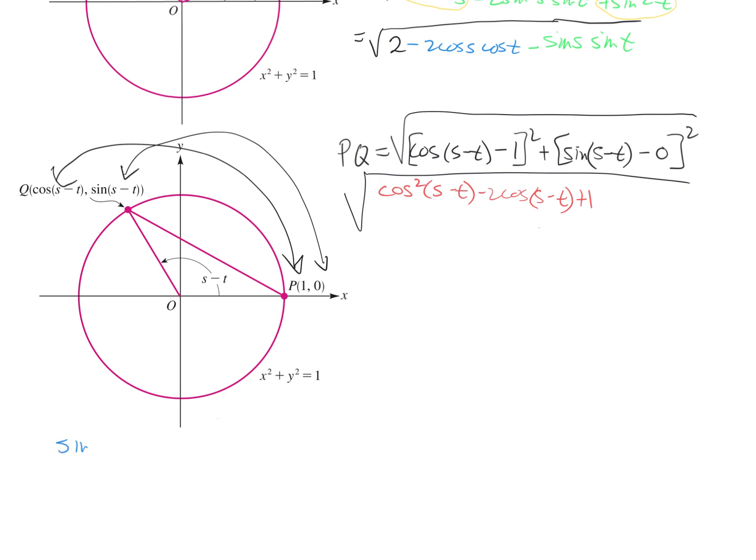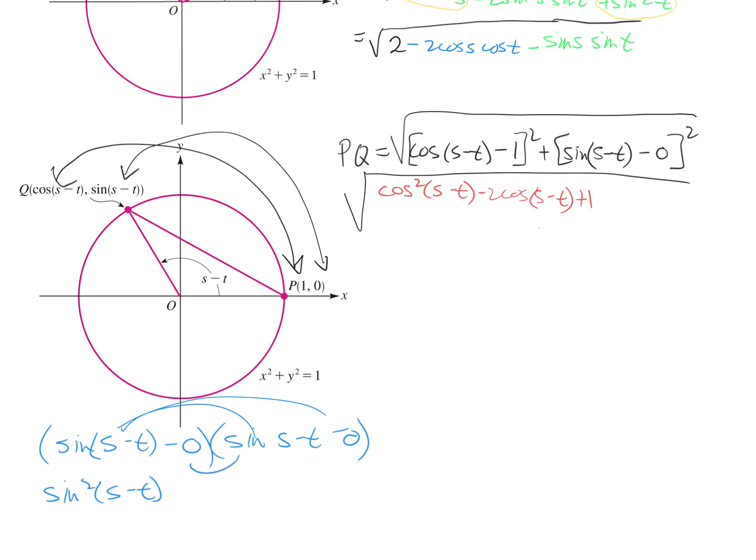So sine of s minus t minus 0, times sine of s minus t minus 0. That's sine squared of s minus t, and then multiplying by 0 gives nothing, so that's nice. This just gets written here: plus sine squared of s minus t.